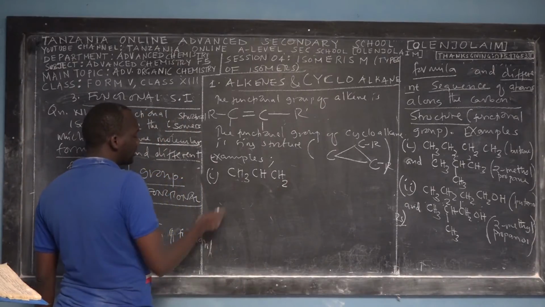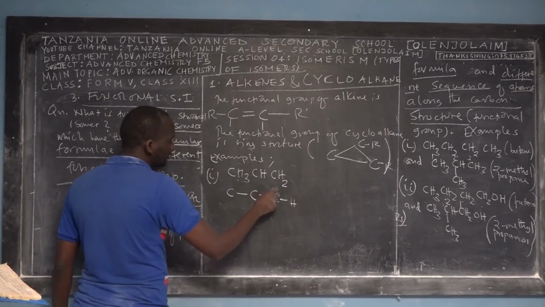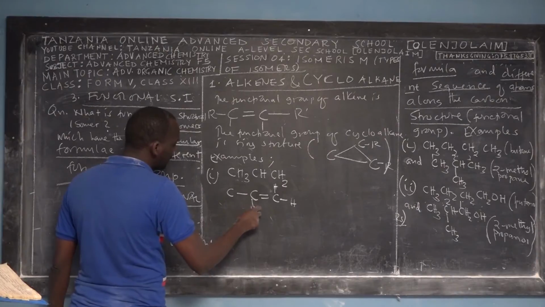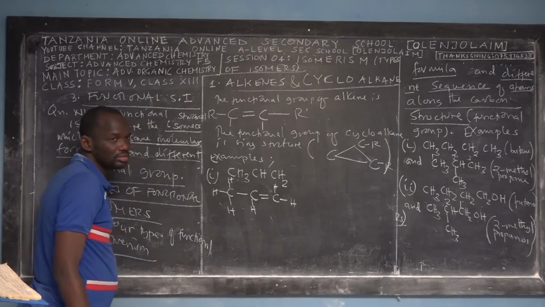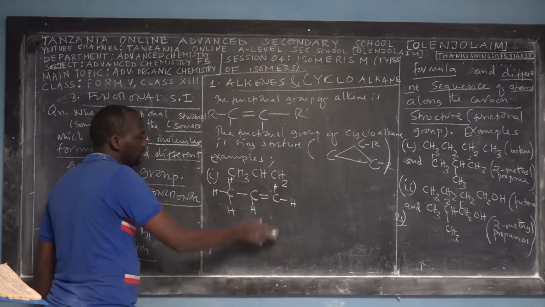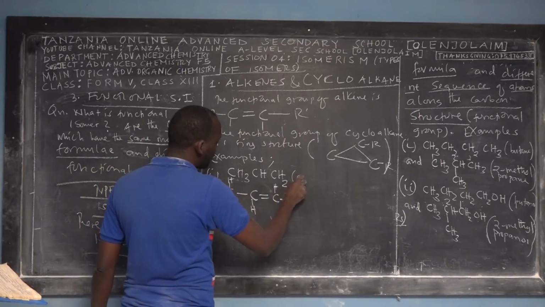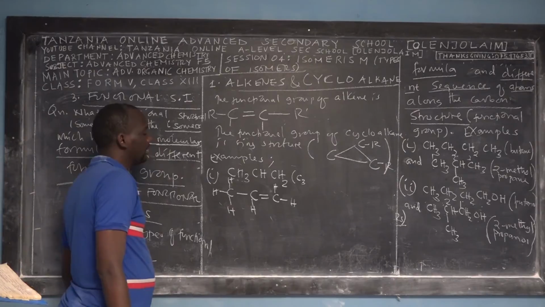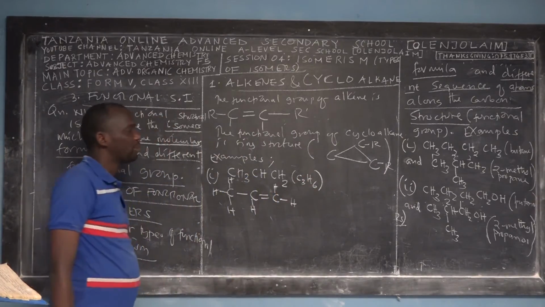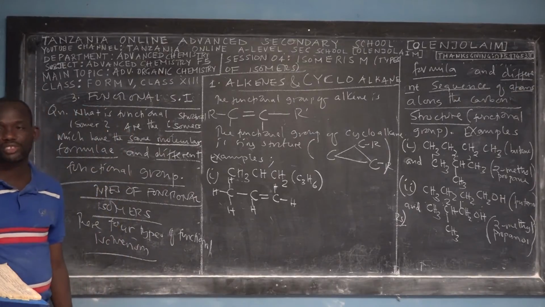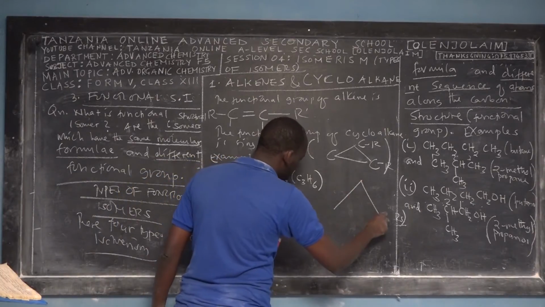If you write the open structure, it's carbon, carbon, with hydrogens, bonds balanced. So this is the functional group that we are seeing. In total, how many carbons are there? Its molecular formula is 3 carbons and 6 hydrogens. Is there any other organic compound which has the same molecular formula but a different structural formula? Yes.